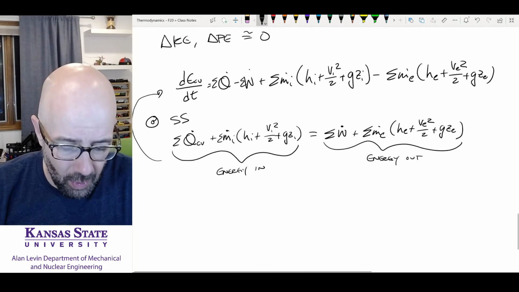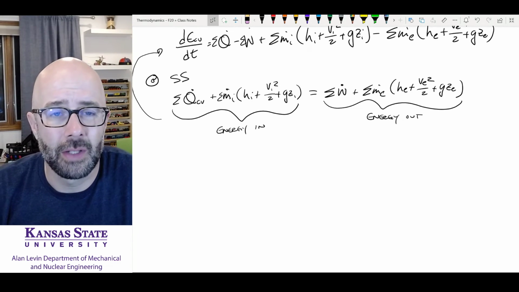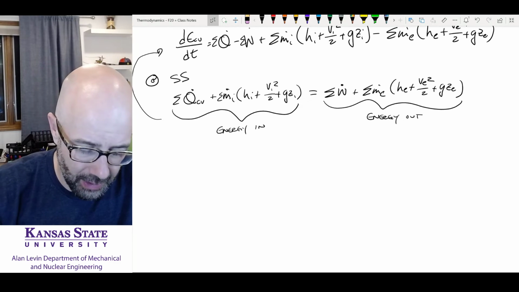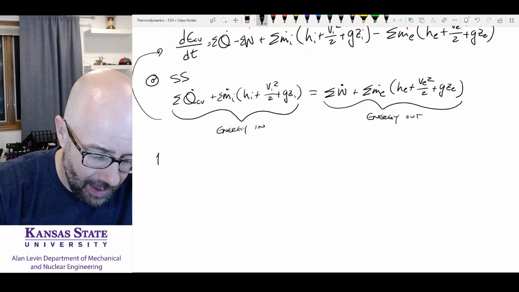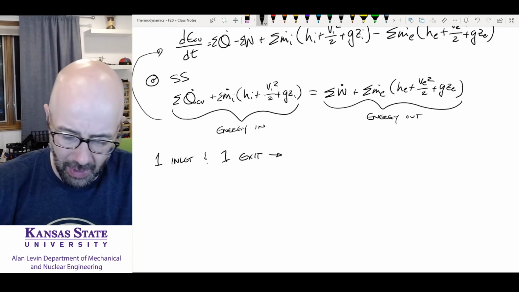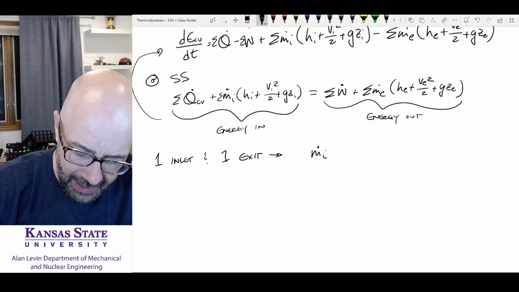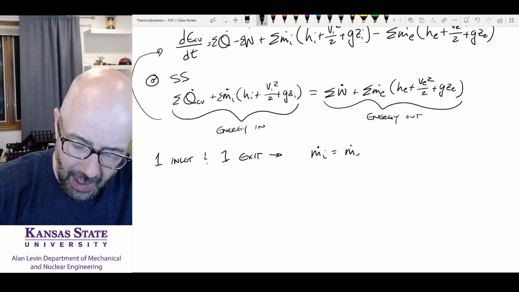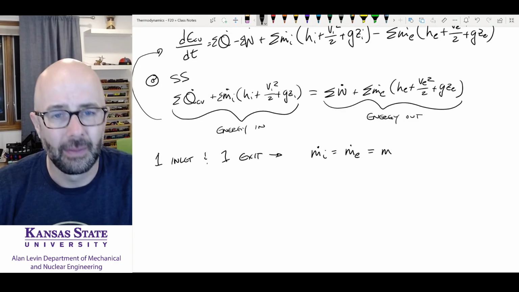Now, I do want to say one last thing before we end this segment and go on to looking at nozzles and diffusers. If we have one inlet and one exit, we don't have to really work with a summation. We know that mass flow rate in is equal to mass flow rate out, which we can just call mass flow rate.